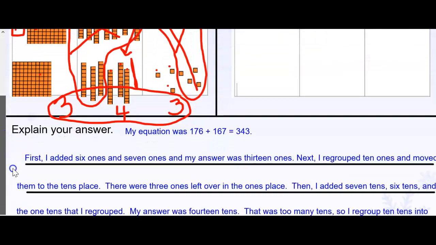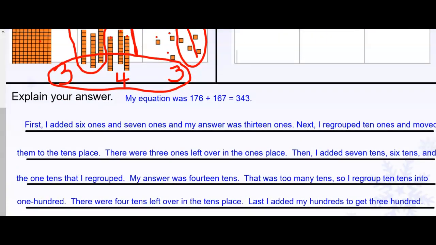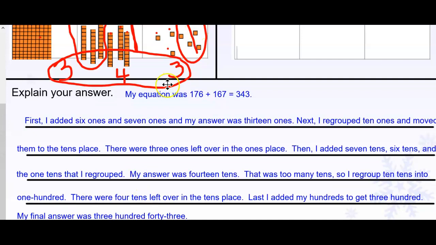And this is what your explanation should look like. My equation was 176 plus 167 equals 343. First, I added 6 ones and 7 ones, and my answer was 13 ones.